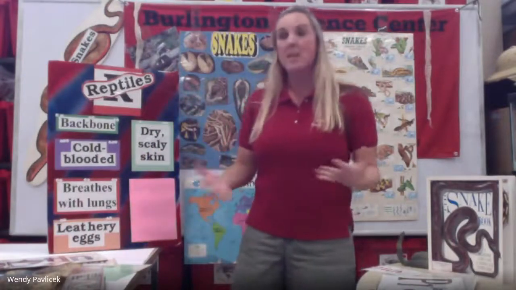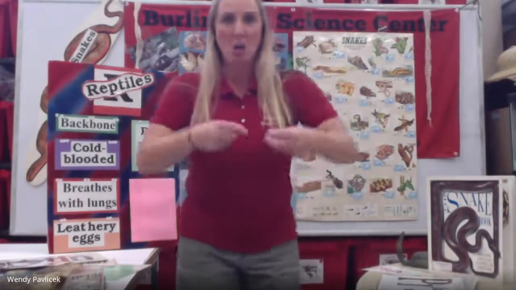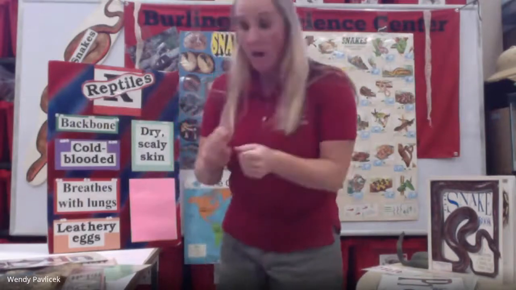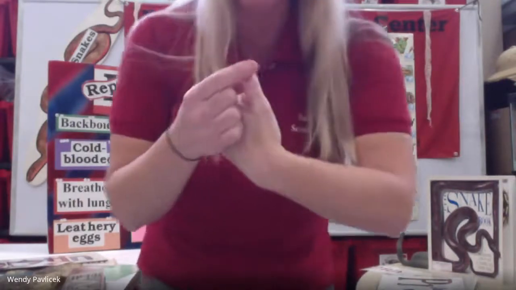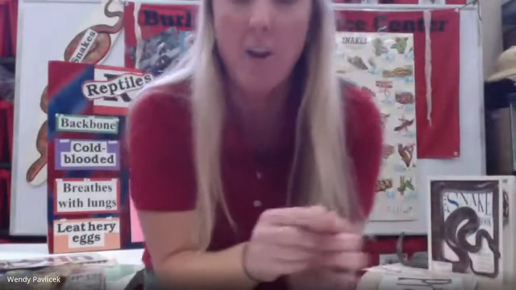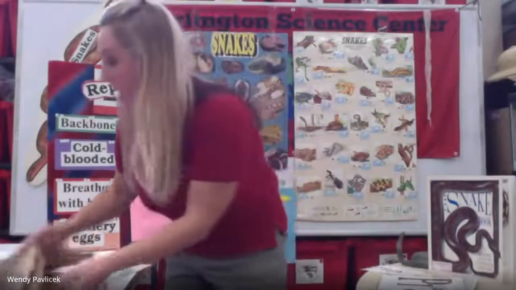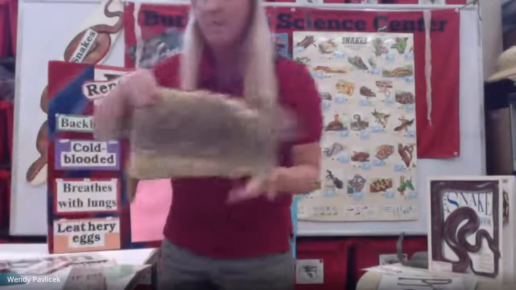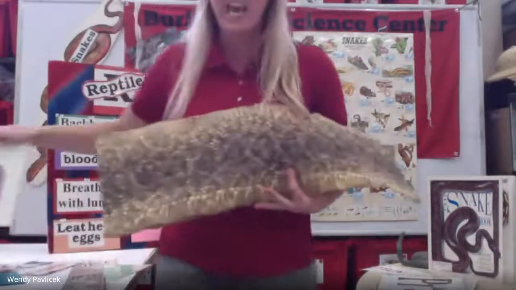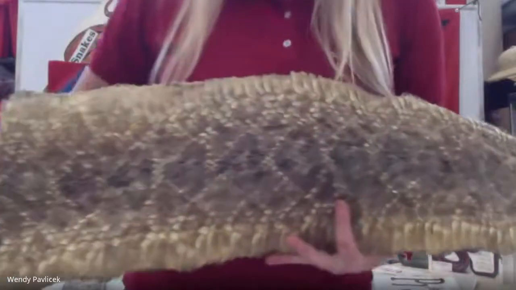Some of you might think that snakes are gooey and slimy. Well, unfortunately, they are not. I want you to feel your fingernail. Go ahead and feel your hair. Oh, isn't it marvelous? Your hair and your fingernails are made of the same exact stuff that a snake's skin or scales are made out of.